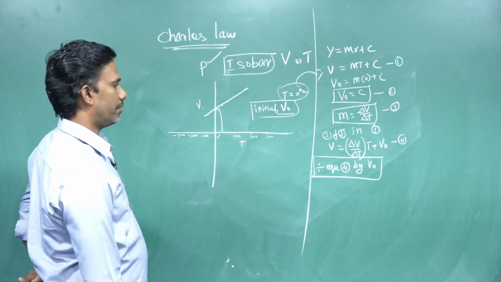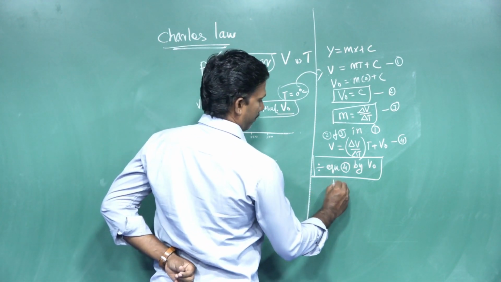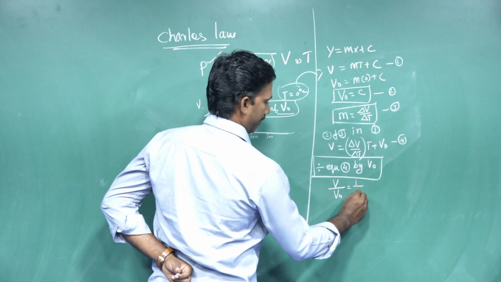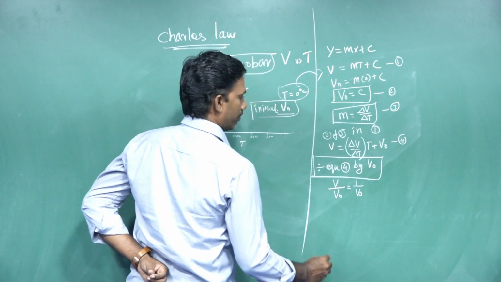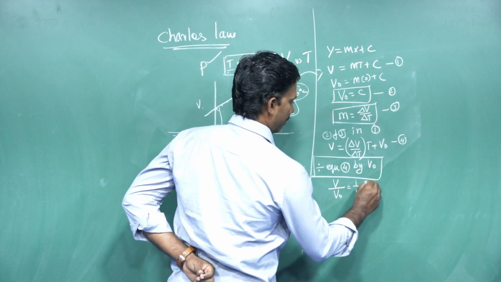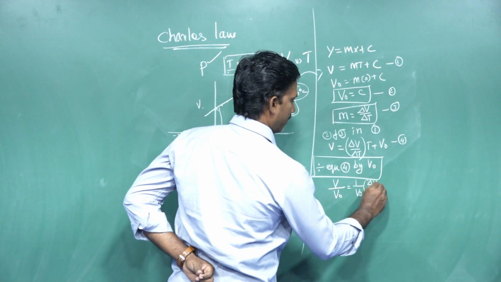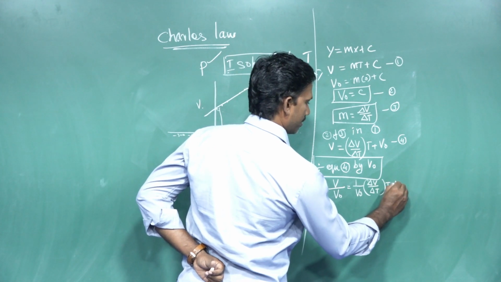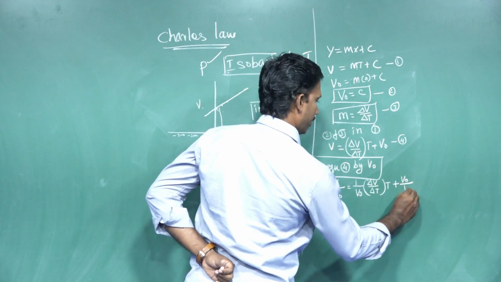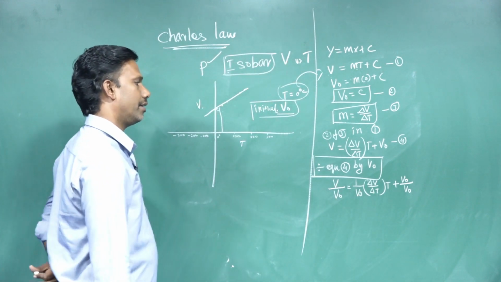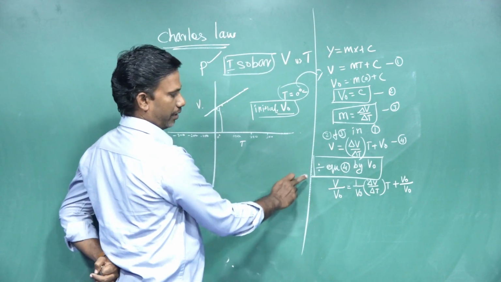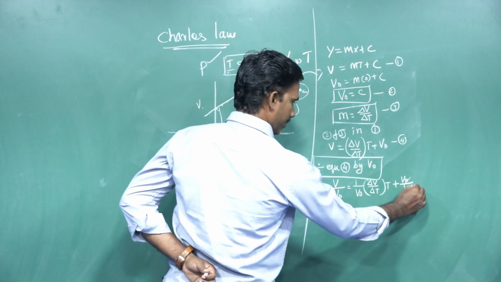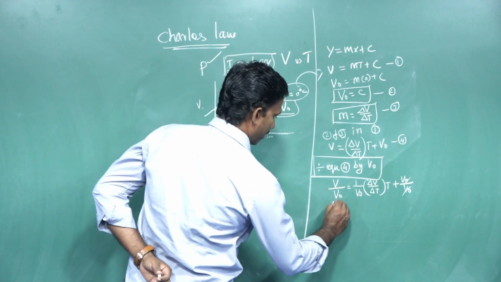If you divide equation 4 by V0, you get V by V0 equal to 1 by V0 into del V by del T at T plus V0 by V0. Do you understand? I am just dividing equation 4 by V0. The V0 by V0 is cancelled.